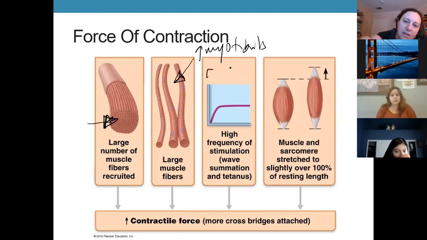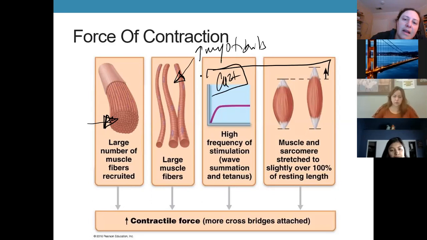And then these two things. Increasing the frequency of stimulation maximizes the amount of calcium available. And when the amount of calcium available basically frees all of the actin to bind with myosin, then that's going to increase the number of cross bridges.